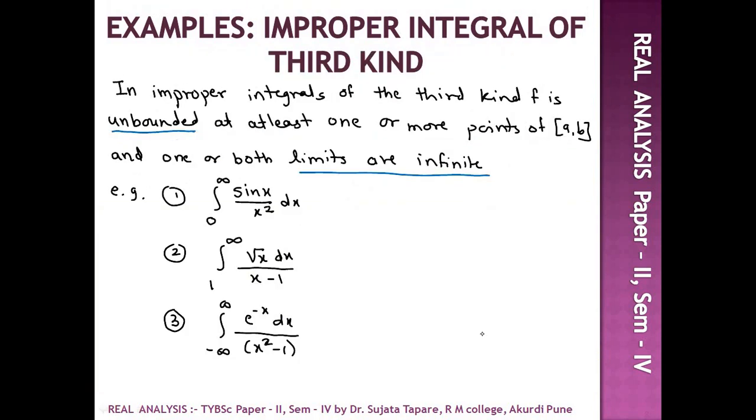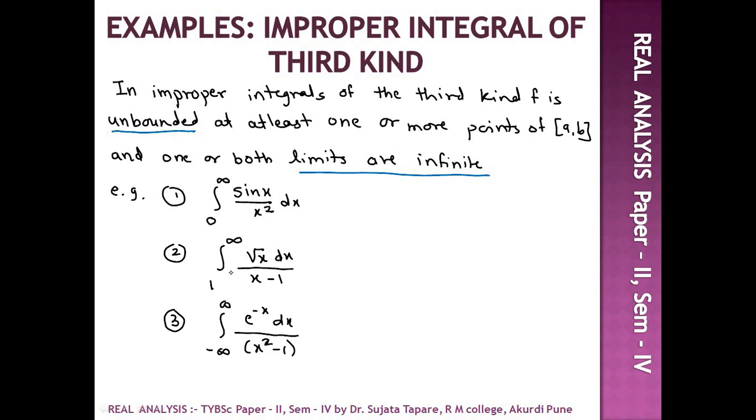Now some examples of improper integrals of the third kind. An integration is said to be an improper integral of the third kind if f(x) is unbounded at least at one of the points of the closed interval [a, b] and the limits are infinite. See, these are examples where one or both limits are infinite.